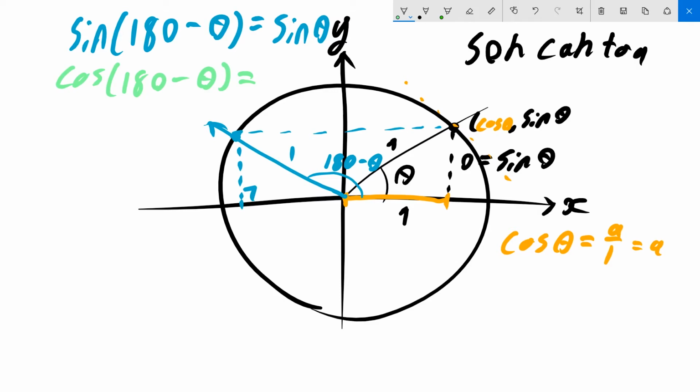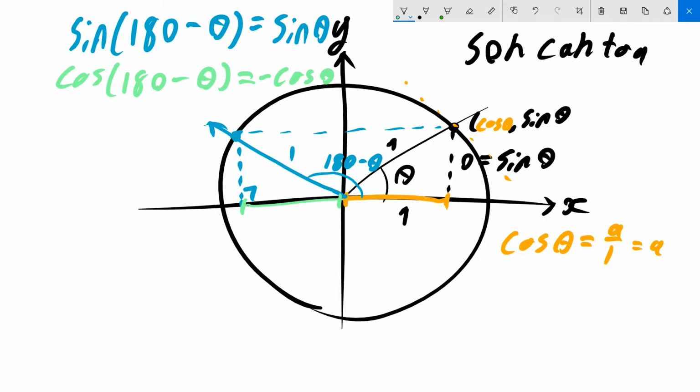Well, again, these two triangles are the exact same. They're just on a different side of the Cartesian plane. So this distance here is the same distance here, but it's negative. So the same distance here but negative, this value here must equal negative cosine theta.